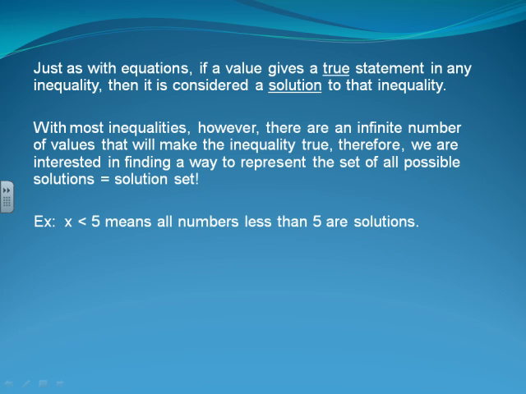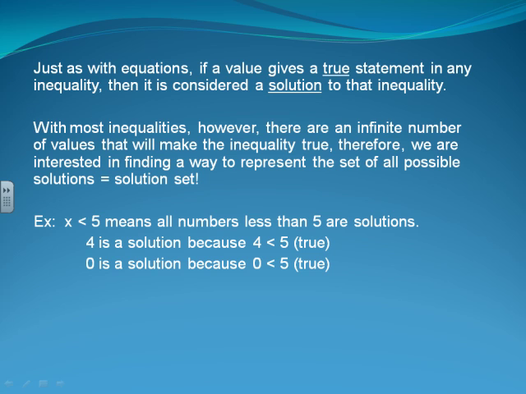For example, reading left to right, x is less than 5 means that all numbers less than 5 are solutions. Therefore, 4 is a solution because 4 is less than 5. That's true. 0 is a solution because 0 is less than 5. Also true. 4.9 repeating is a solution because 4.9 repeating is less than 5 as well.